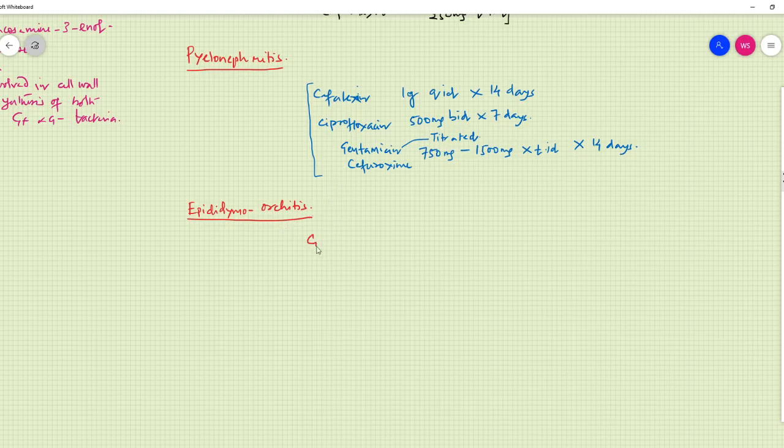The drug is ciprofloxacin, 500 milligram BID.